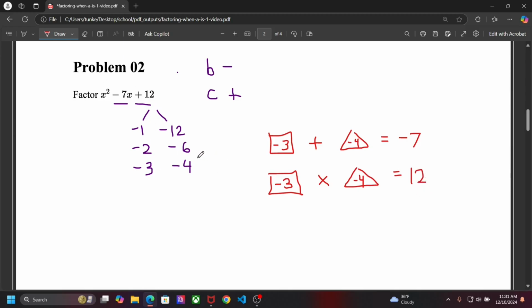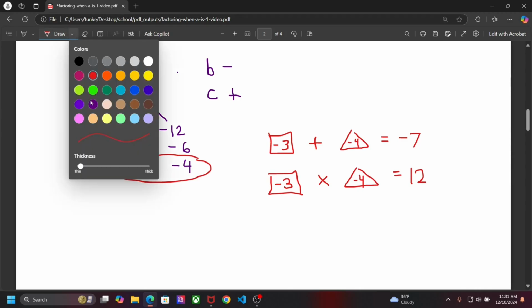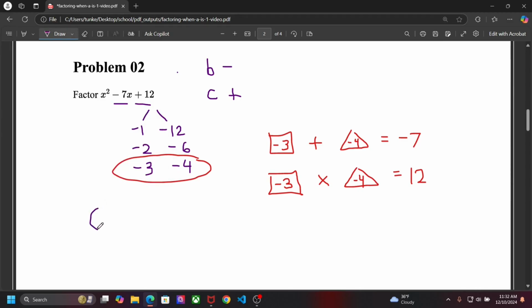Or I can use my technique where I just circle the pair of factors that multiplies to +12 and adds to -7. And I'm going to use these to write this into factored form as x minus 3 times x minus 4. And we're all done with this one.